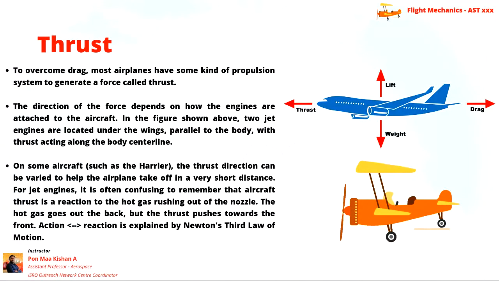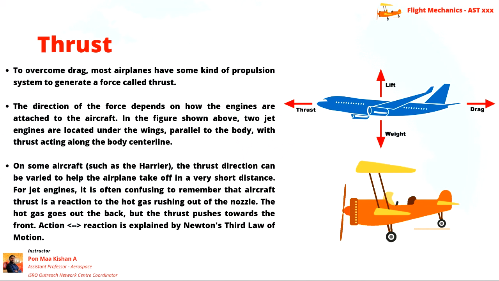So if the landing was done and they have to take off from the shorter runway itself, then think about the thrust variation during landing and during takeoff: how much thrust is required for the shorter takeoff, and how much thrust reduction has to be done during landing.